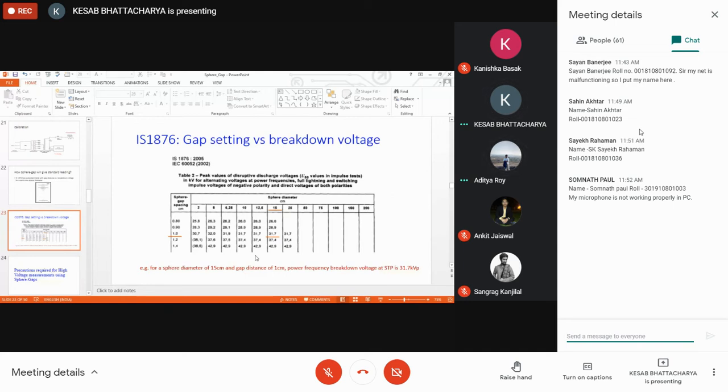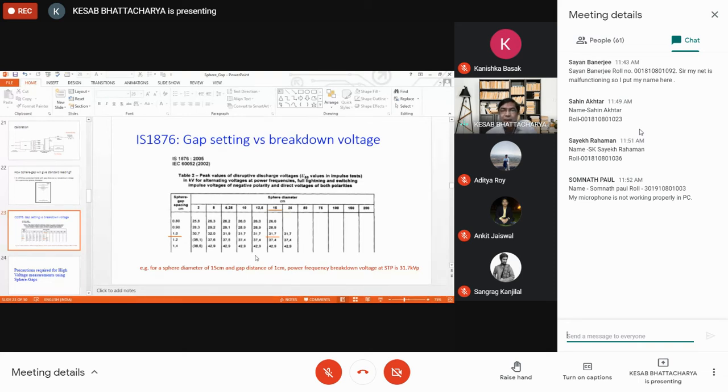Yes. Now coming back to irradiation once again. When the diameter is 12.5 centimeter or less, in order not to sacrifice the accuracy, you have to reduce the gap distance. And when the diameter is decreasing, the gap distance will also decrease.